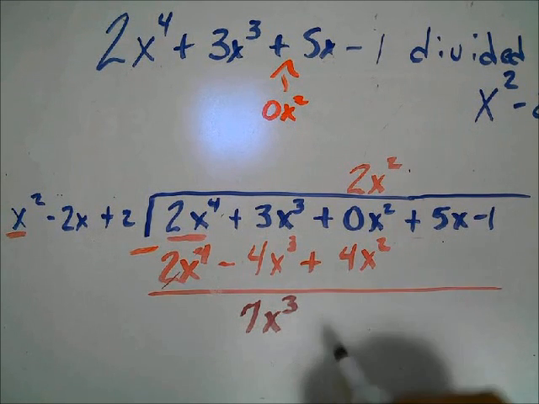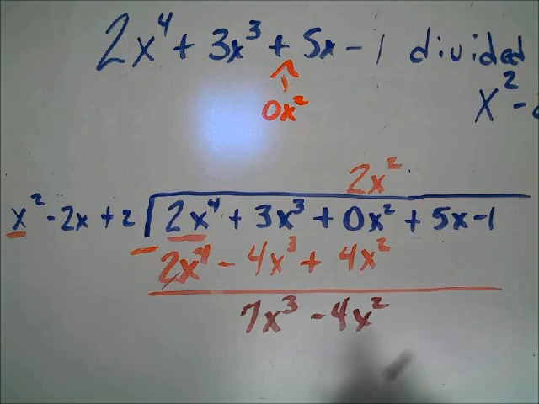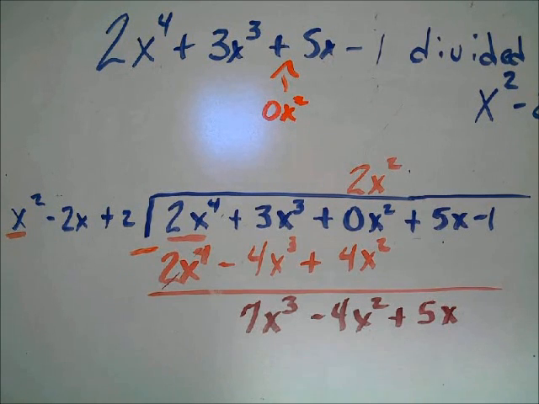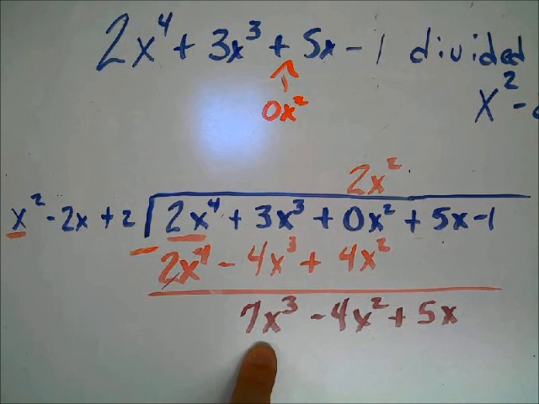So now I'm ready to figure out what my next term is going to be. I need to try to figure out how many times x squared will go into 7x cubed. There's a 1 here and a 7 here, so I know it's going to be 7. And then this is x squared and this is x cubed, so it's going to be x.